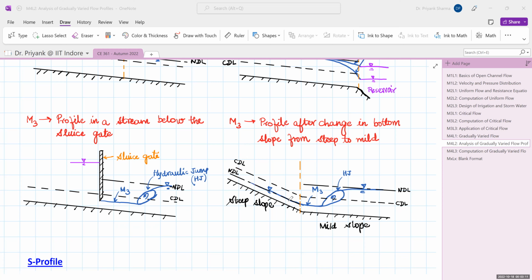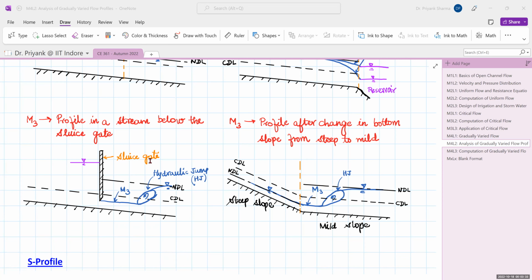How to join them? This is a supercritical flow. So to overcome that, it would have a hydraulic jump. So this particular profile which forms on the mild slope is an M3 profile, and after that a hydraulic jump takes place and it would join the NDL. So you get an M3 profile.